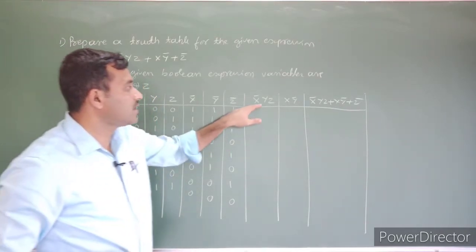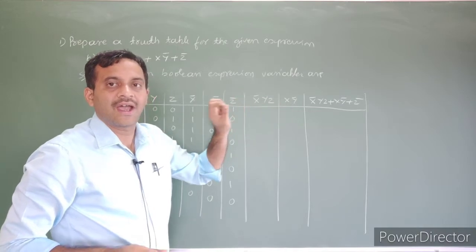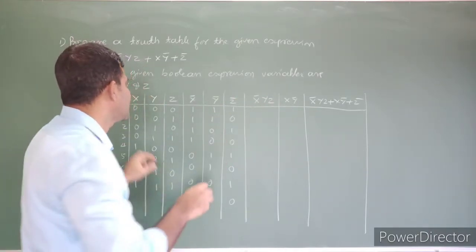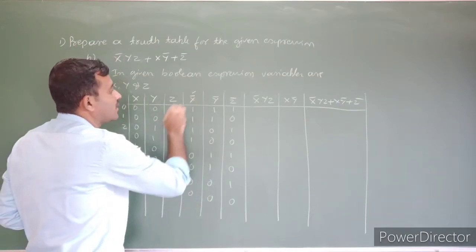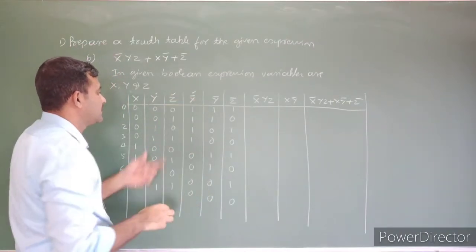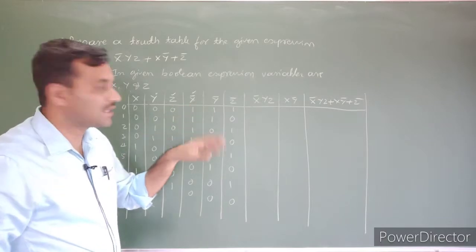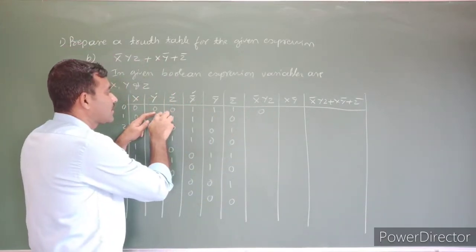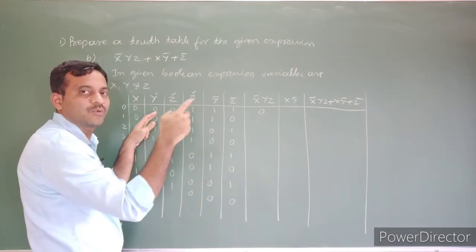Next x bar, y, z. There is an AND operator between x bar, y and z. So see here the columns x bar, y and z. These are the 3 columns over logical multiplication. So first one returns 0, because if any one of the columns has 0 value, then output is 0.